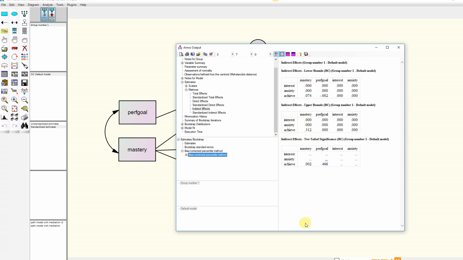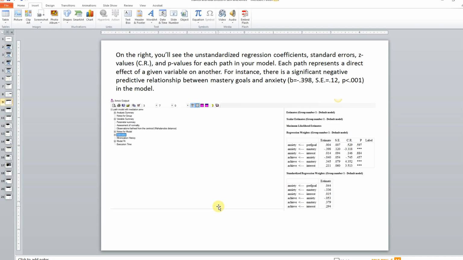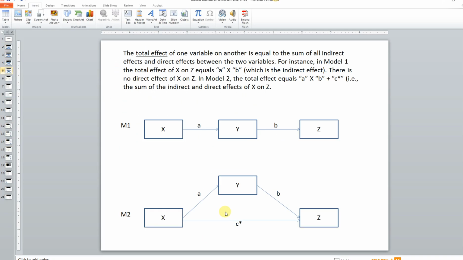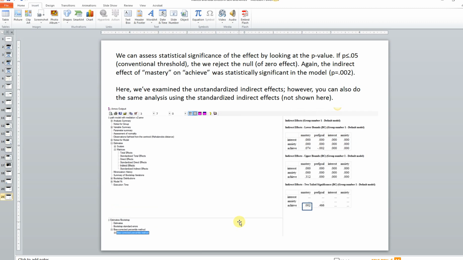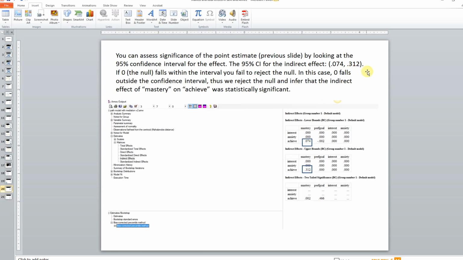If we want to look at this a little bit more in depth, this is the 95% confidence interval for the unstandardized indirect effect of mastery on achievement. And like I said, 0 falls outside that interval, so we would reject the null.